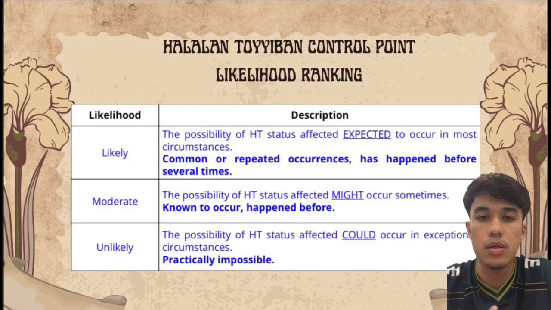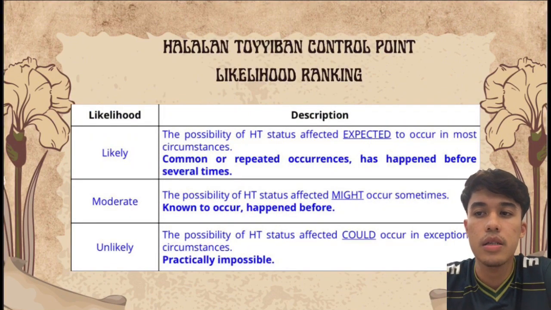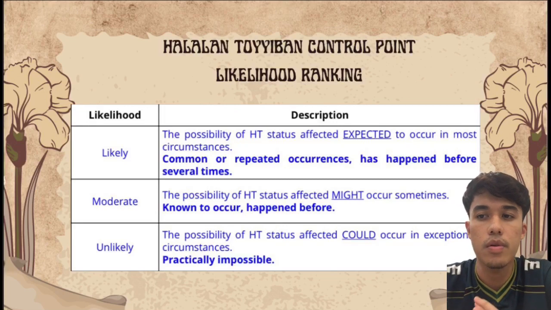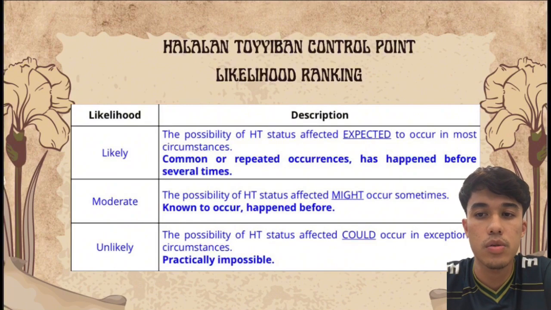And next, as I have shown you in this slide, the halalan thayyiban control point likelihood ranking. For this slide, I will explain how to identify the meaning of the data that I have shown you before. For likely, the description is that the possibility of halal status being affected is expected to occur in most circumstances.